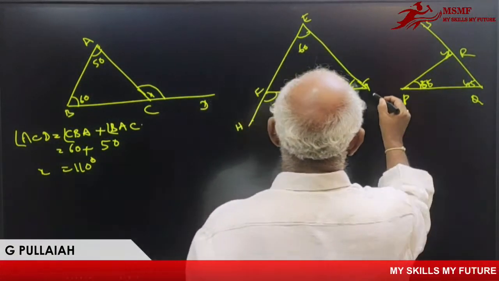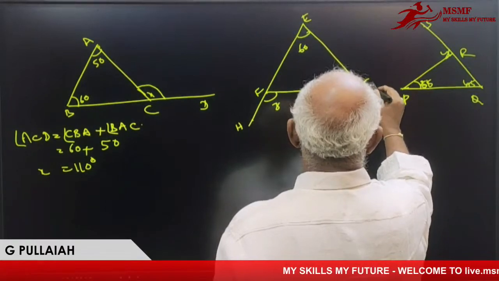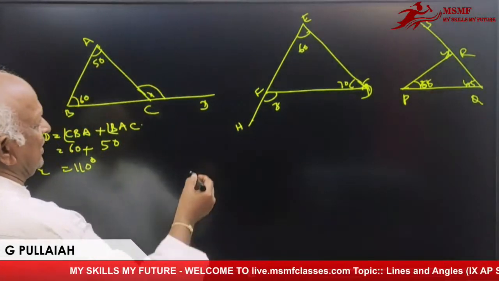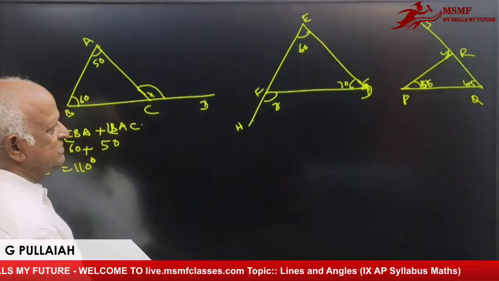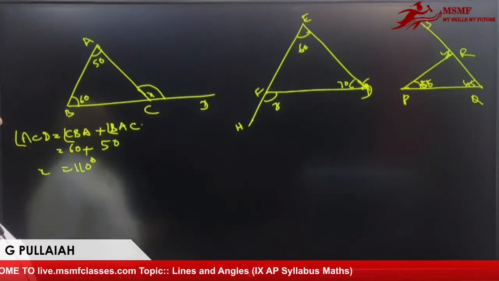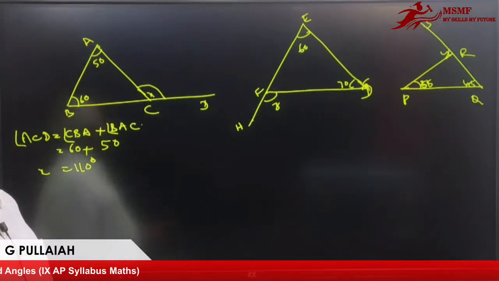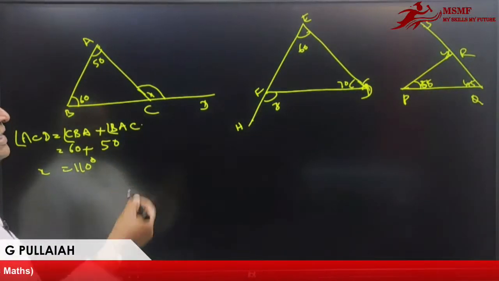This is DEF. In this triangle DEF, we are expected to find z. Z is the exterior angle of triangle DEF by producing the side EF.